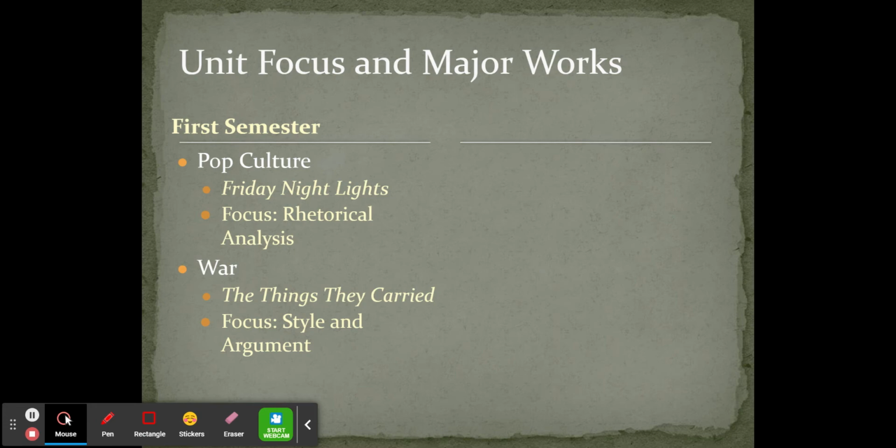Our school year is broken into two semesters, and each semester has two units. Each unit contains a thematic focus as well as some sort of writing focus. So right now we are on a pop culture unit. You can see every unit has at least one major work as well. Right now our summer read was Friday Night Lights, and our focus in terms of writing is on rhetorical analysis.